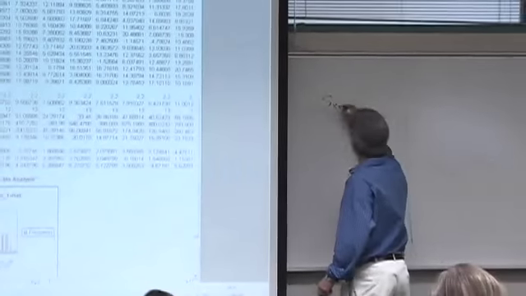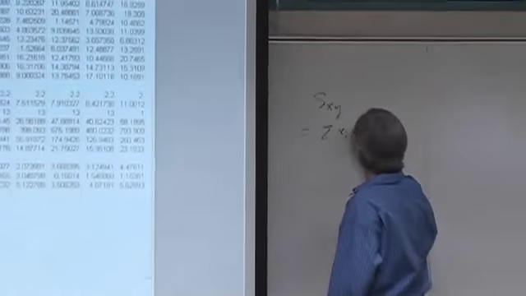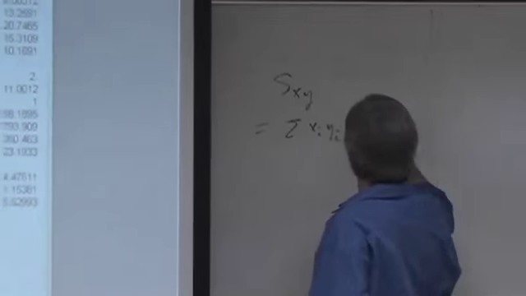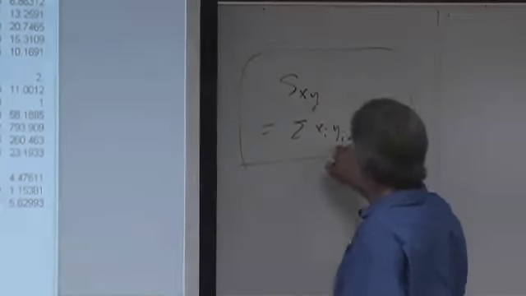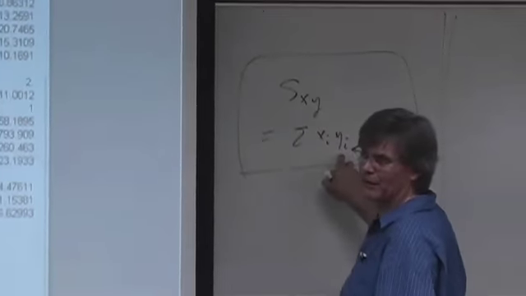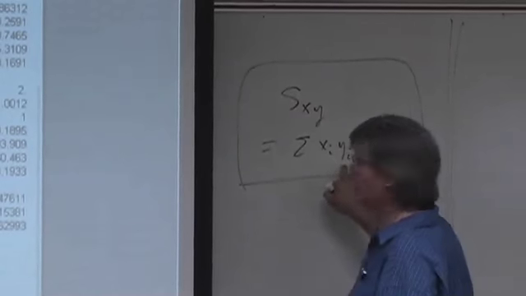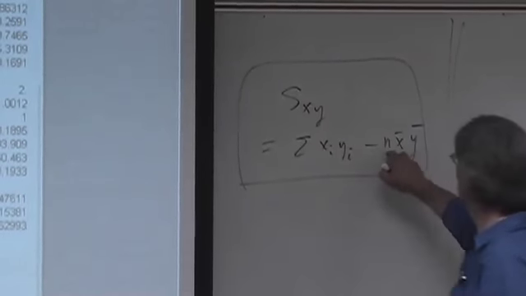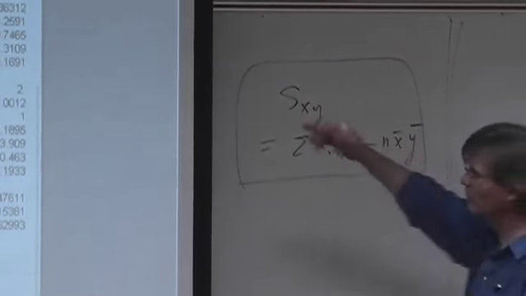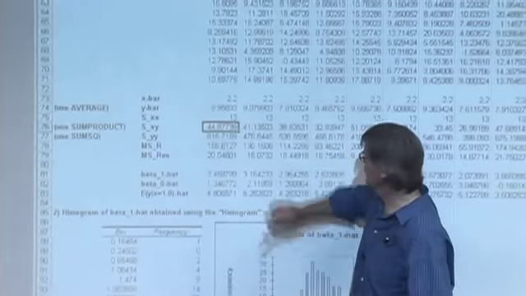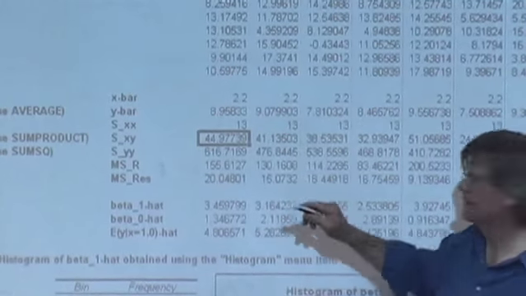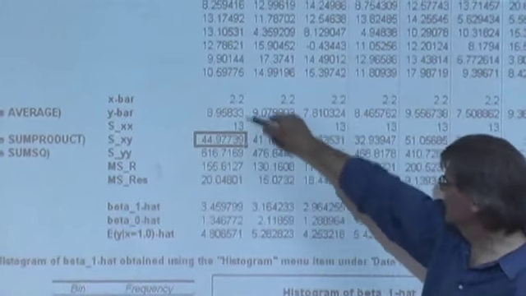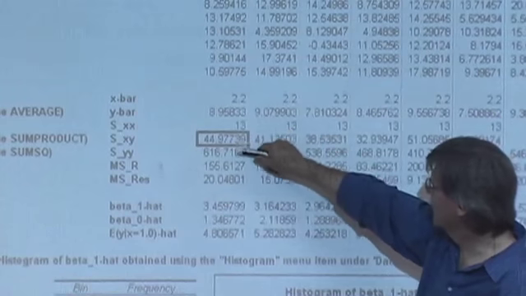SXY is equal to the summation of XI YI minus n x bar y bar. So using sum product, that's the equation I'm using to get the summation XI YI. Then I'm just using the 25. X bar was reported above, y bar was reported above. Okay, so I'm using this and I'm using this. It's just convenient to have this 2.2 there all along. You didn't have to, but it just, okay? Because I'm reusing this column.